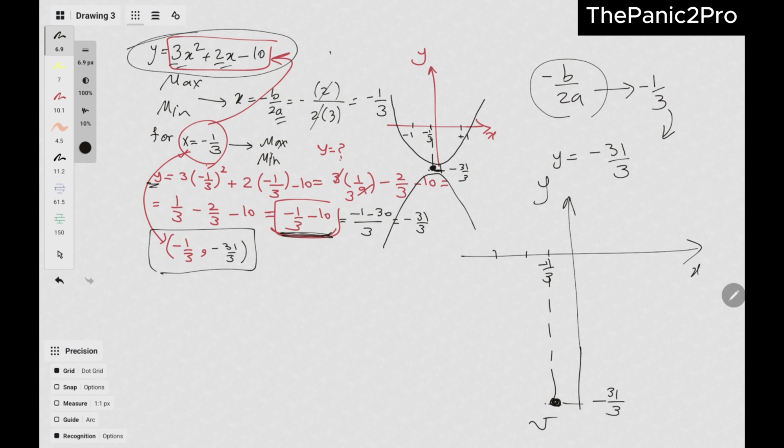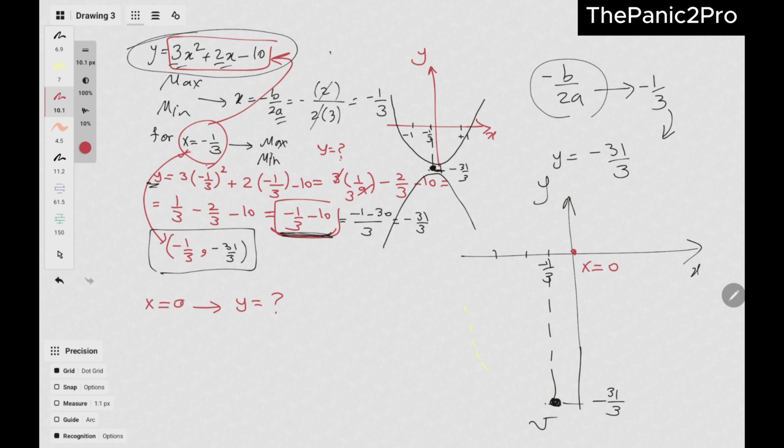Okay, so now I want to figure out, is the curve going to be something like this or this? What I can do is calculate one more point, one random point, like let's say x equals 0. If I put x equals 0, how much is my y?